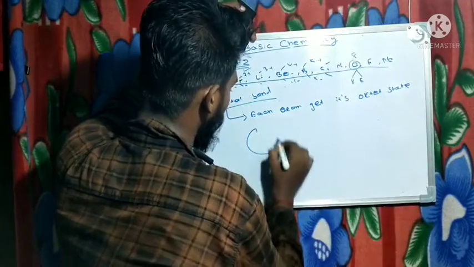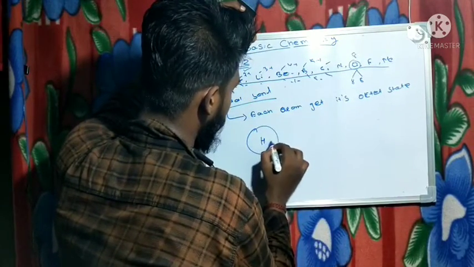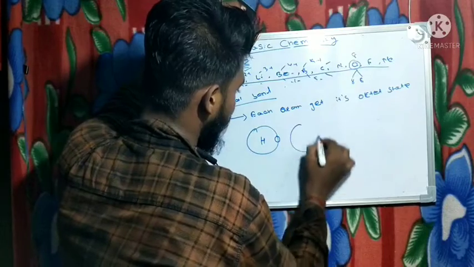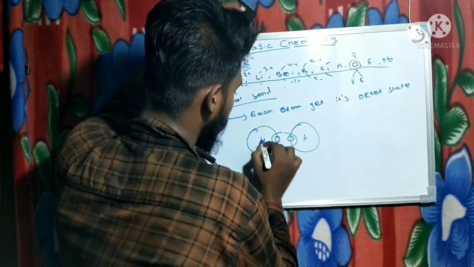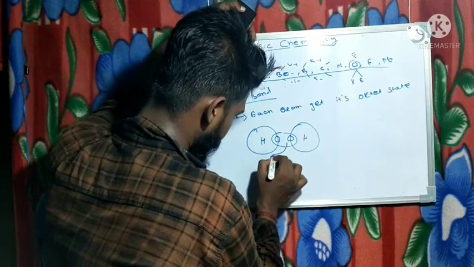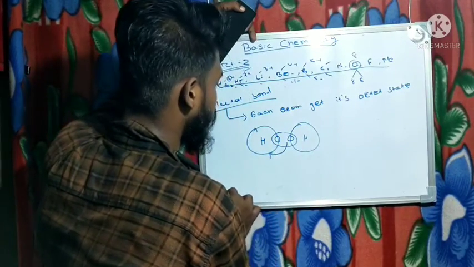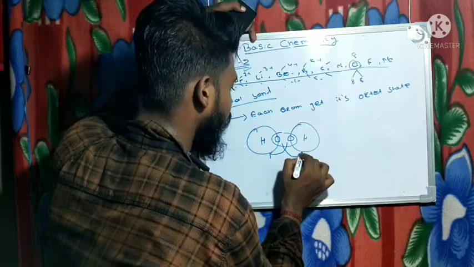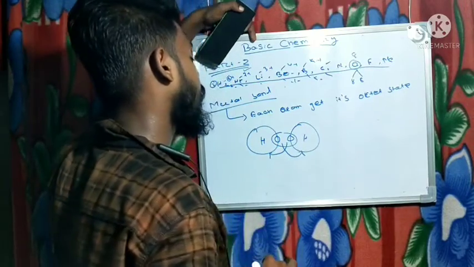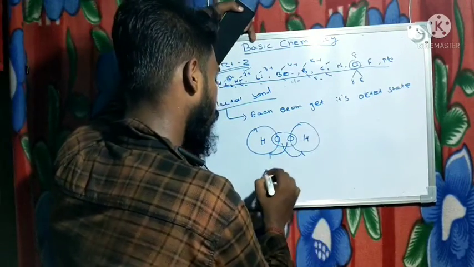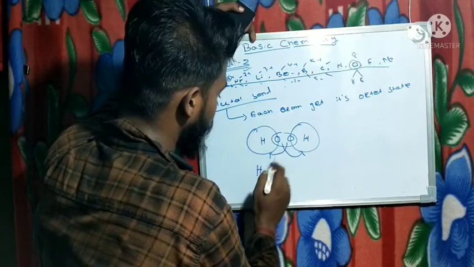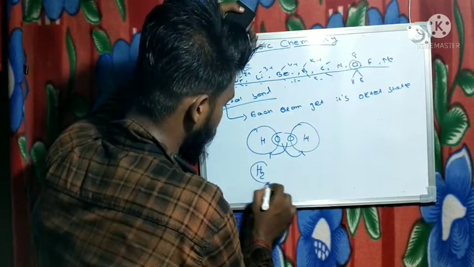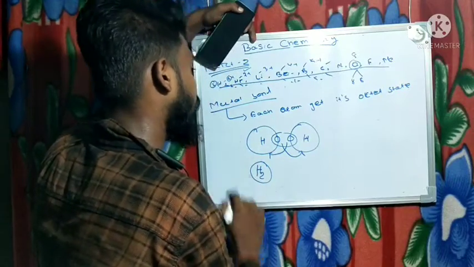For example, hydrogen has 1 electron, and this other hydrogen also has 1 electron. In a mutual bond, the electron of this hydrogen can be shared with that hydrogen, and the electron of that H can be shared with this one. So both H atoms reach the stable electronic configuration. So we can write H2 this way. This is the mutual bond.